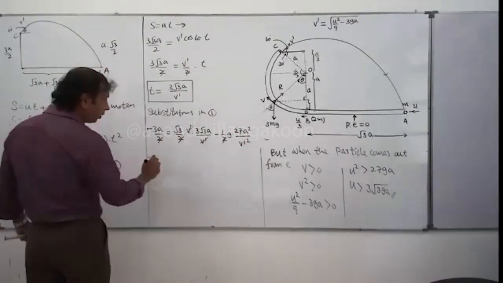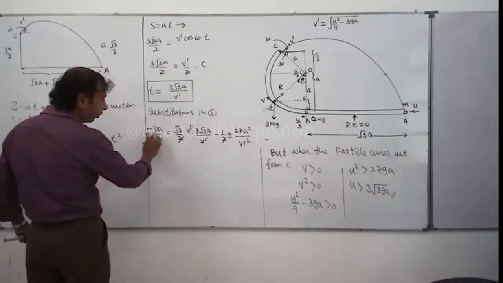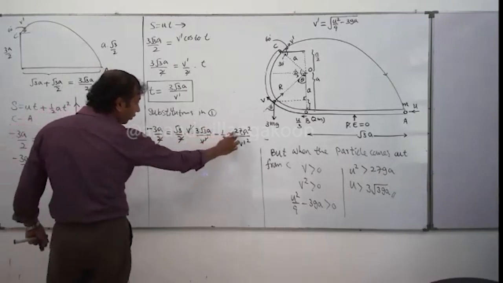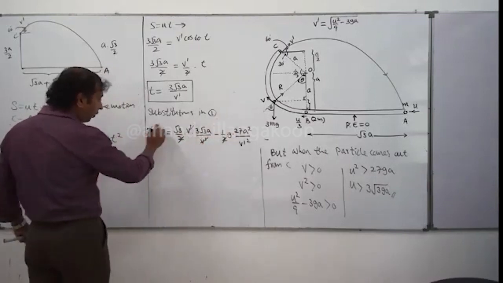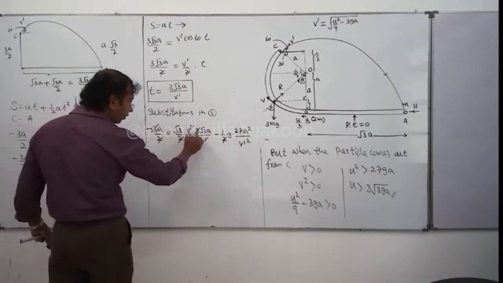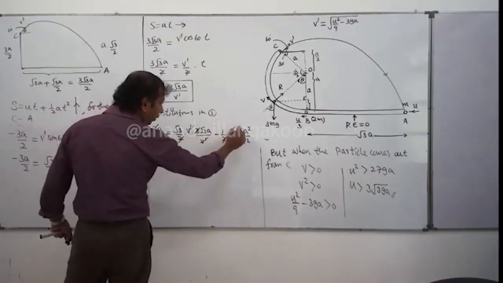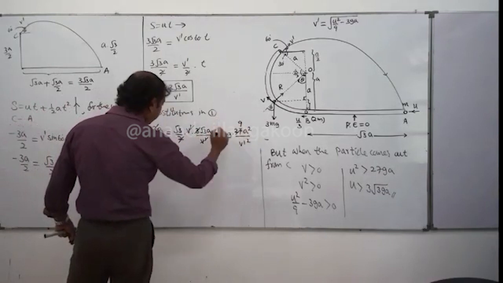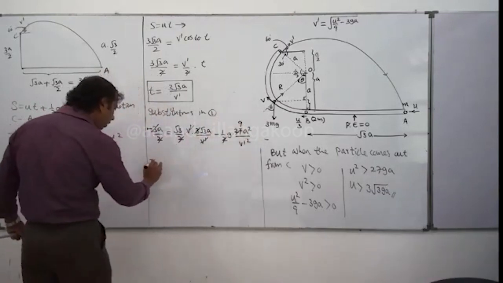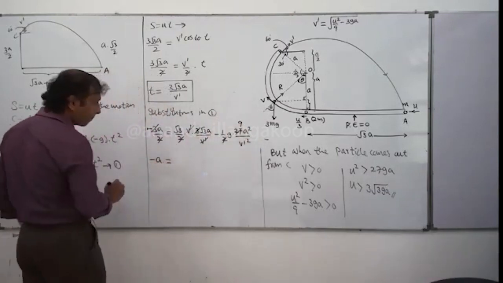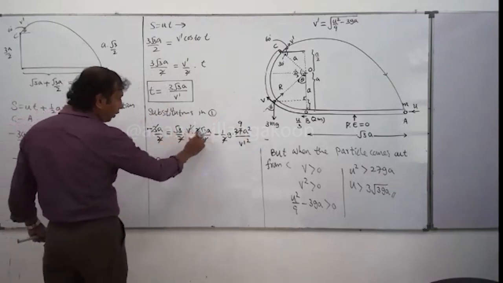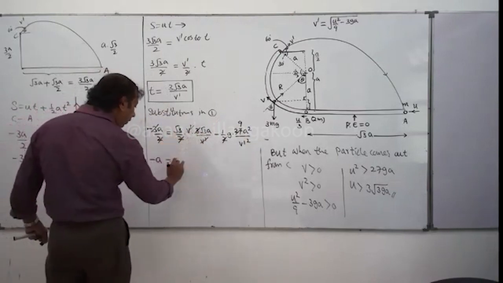And here we have 3, here we have 3, 27 is divisible by 3, no? Then this 3, this 3 cancel down, here 9. Then here we get minus A. Root 3 and root 3 is 3, 3A.